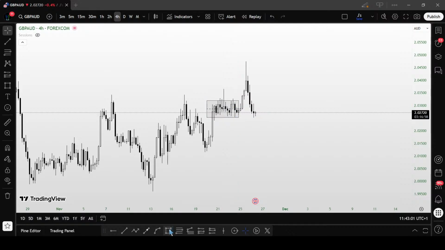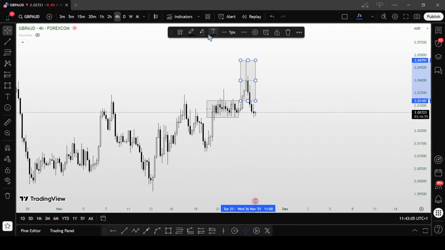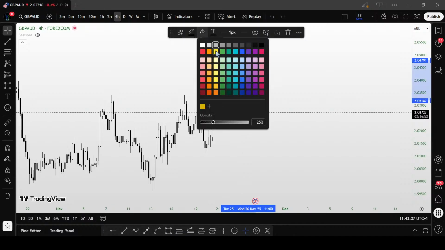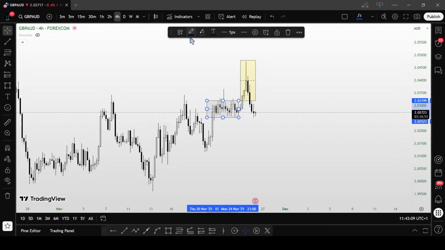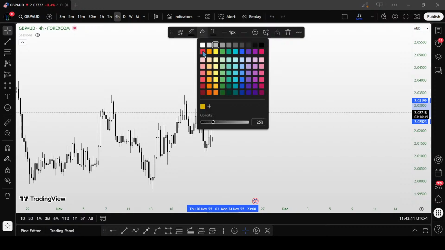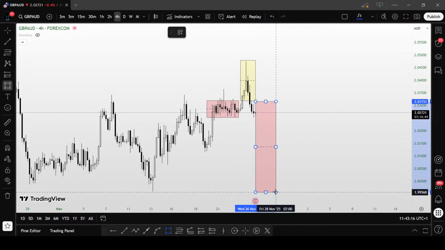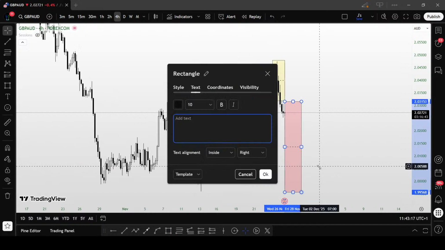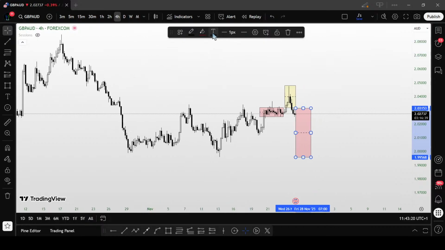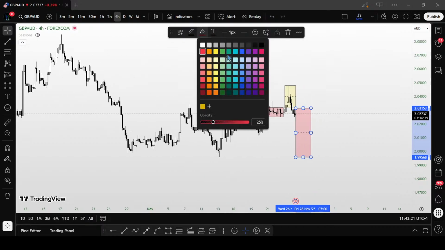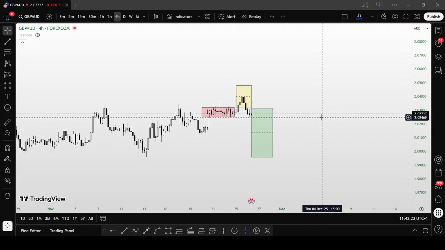I'm going to drop this in the WhatsApp community. So there we go. Yellow, red, and supposedly green. This is actually how I do my own.